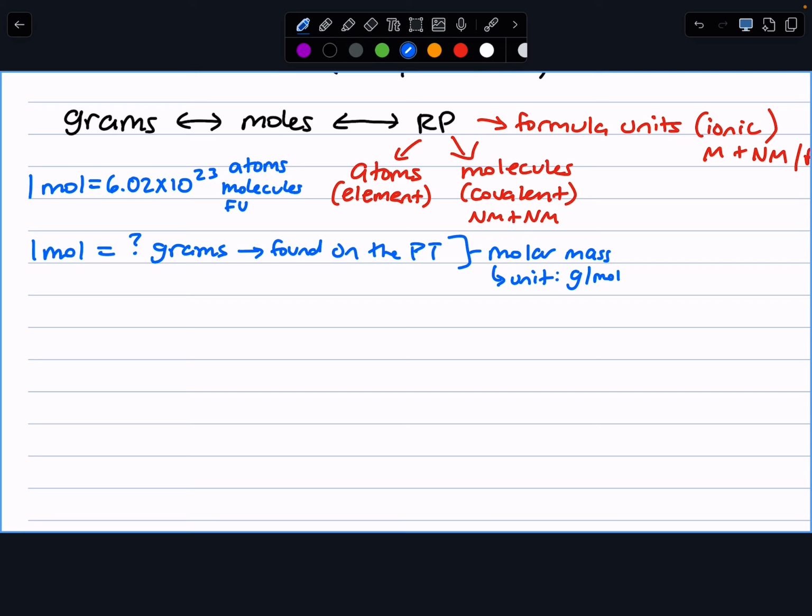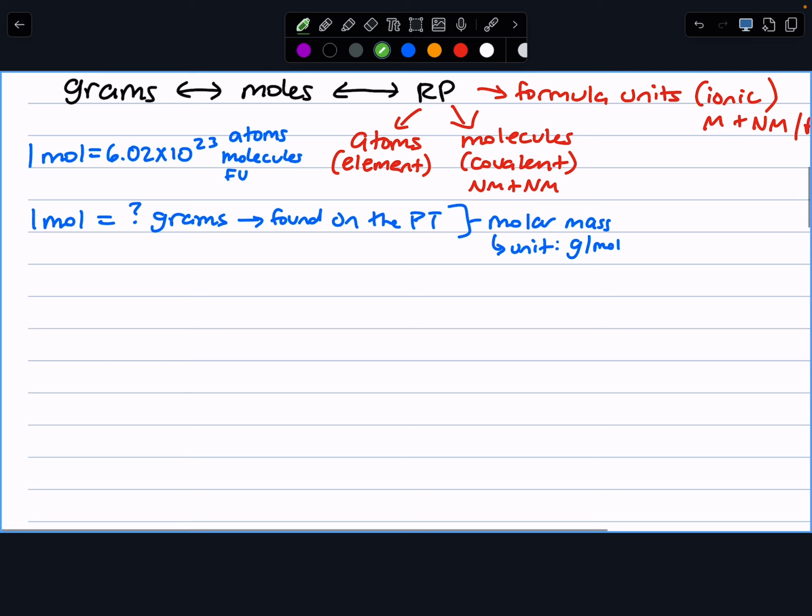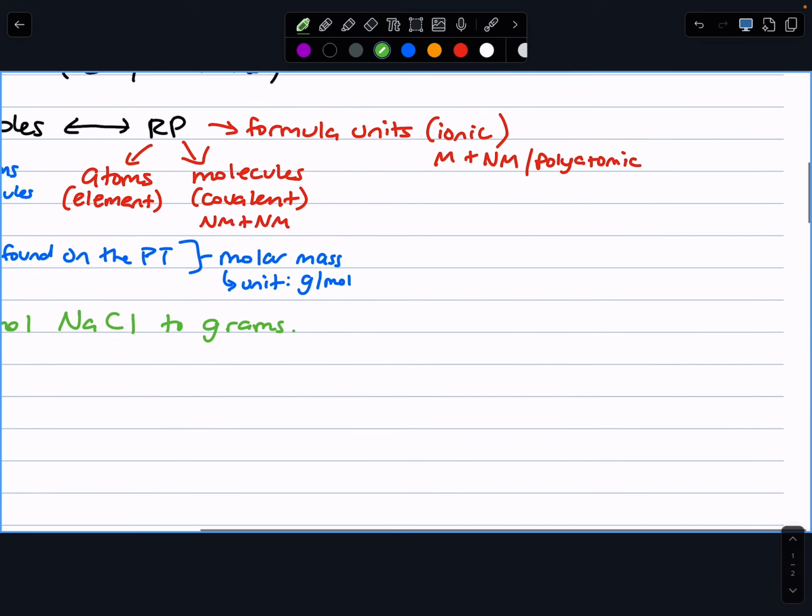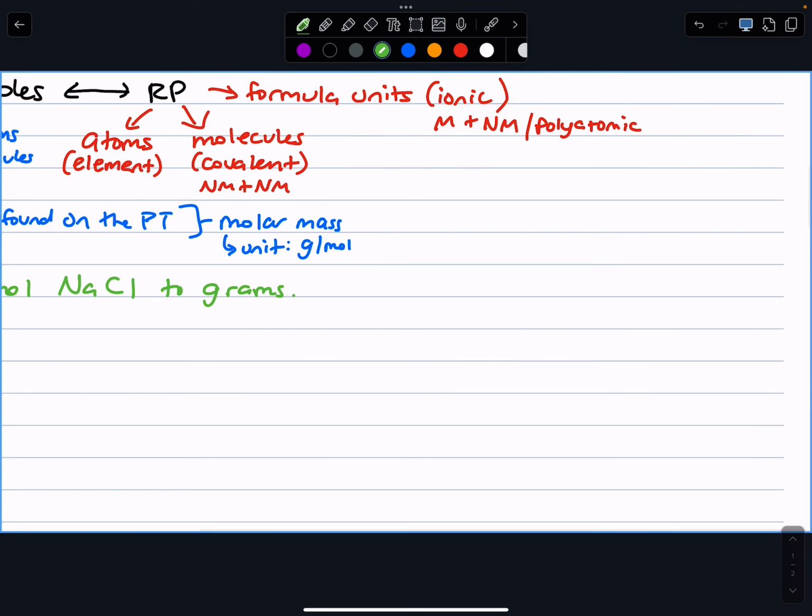Okay, so let's do some examples of this. Number 1, we're going to convert 8.3 moles of sodium chloride to grams. Okay, again, in dimensional analysis, I'm going to make a little note box over here. And I'm going to say setup.